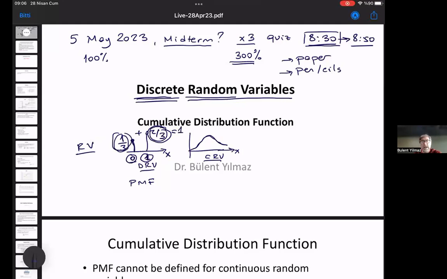Okay, and then for continuous random variables, we will start talking about this today, and I'm sure you went over the slides and the videos on continuous random variables, different types such as uniform random variable, Gaussian random variable, exponential, chi-squared, and so on.